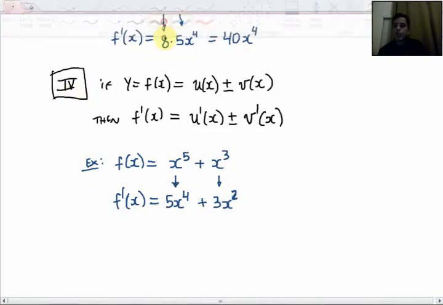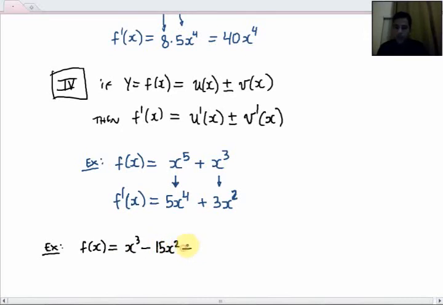Okay, and then you can do, again, combinations of those properties. So here's a final example for you. Let's say I have f of x equals x cubed minus 15x squared plus 72x.